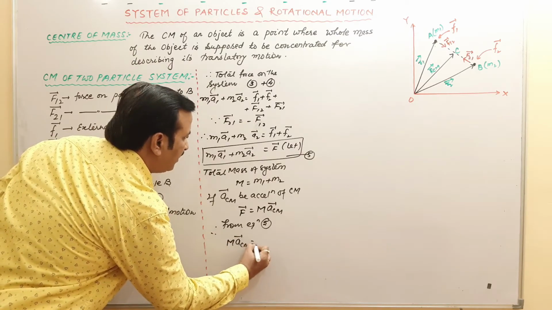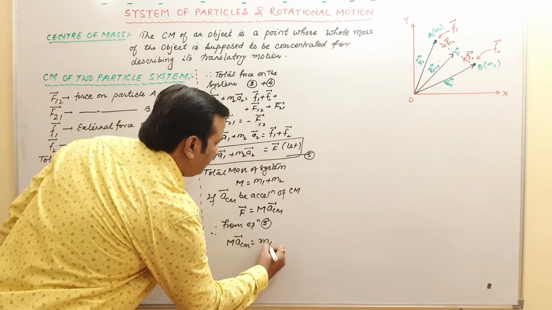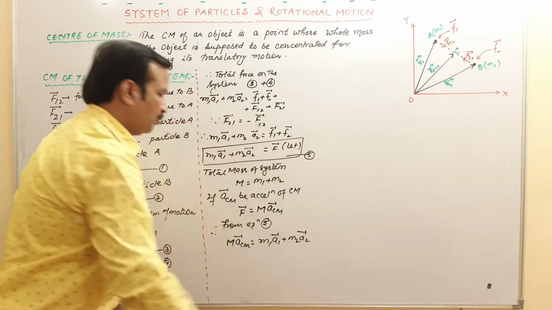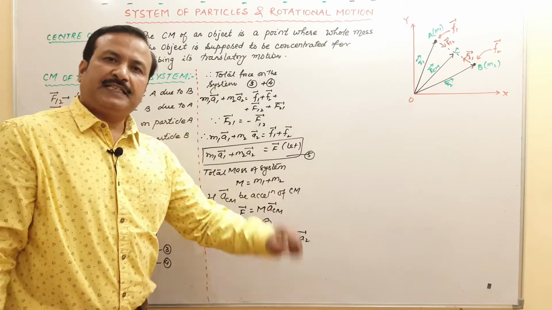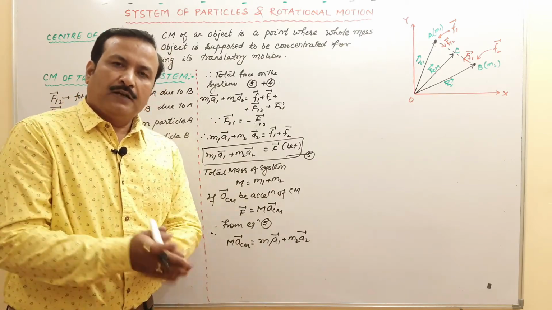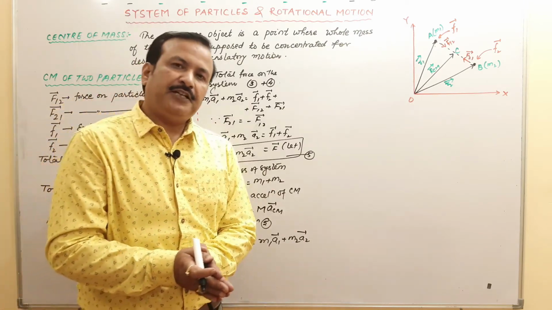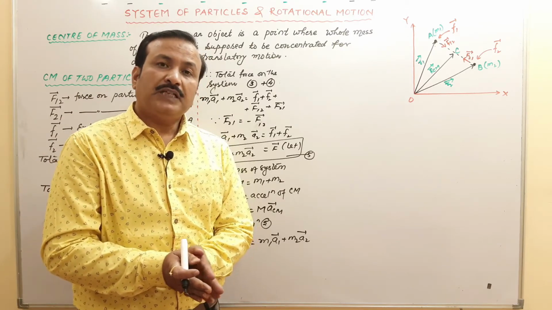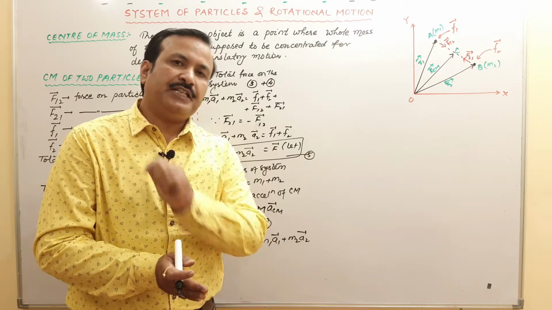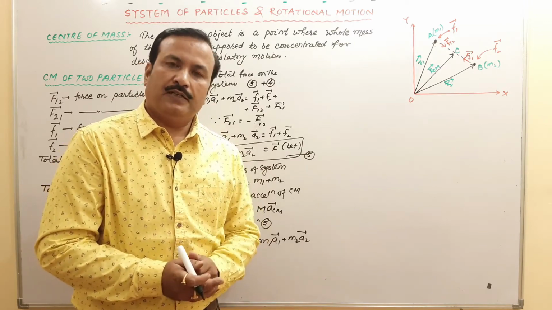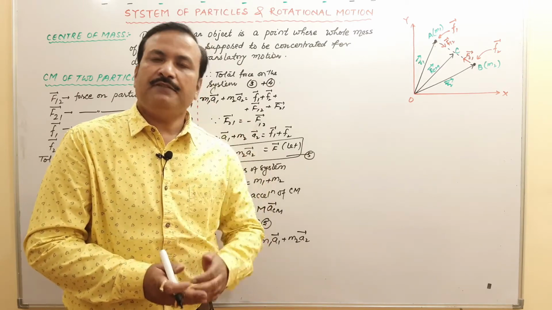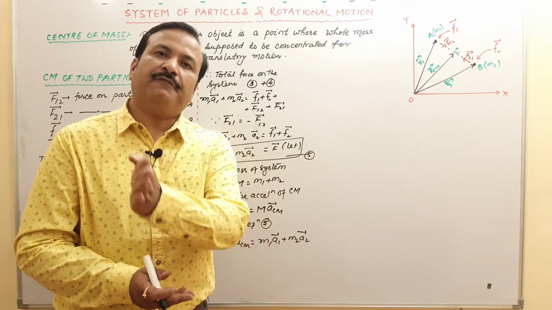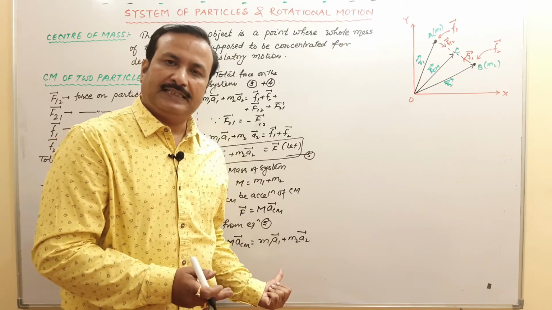M ACM equal to m1 a1 plus m2 a2. For accelerations, what can we write? We have discussed differentiation in the second unit. When we differentiate position vector, we get velocity. When we differentiate velocity, we get acceleration. That means if we differentiate position vector twice, we will get acceleration.